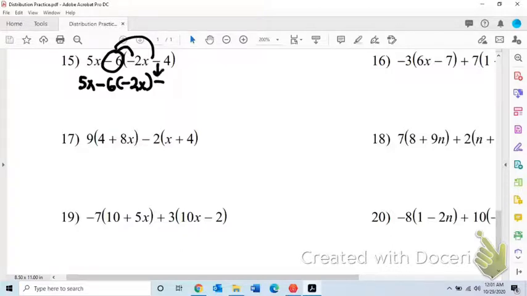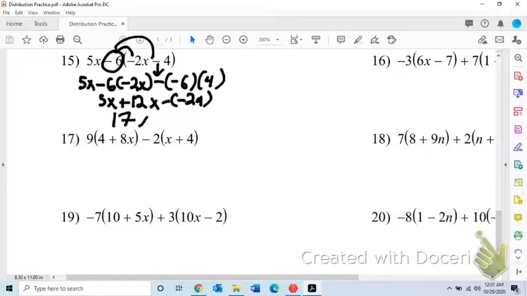That's that negative. And then we have to bring over the negative 6 as well. Negative 6 times 4. So that gives us 5x plus 12x minus a negative 24. So that gives us 17x because we were able to combine the 5x and the 12x.